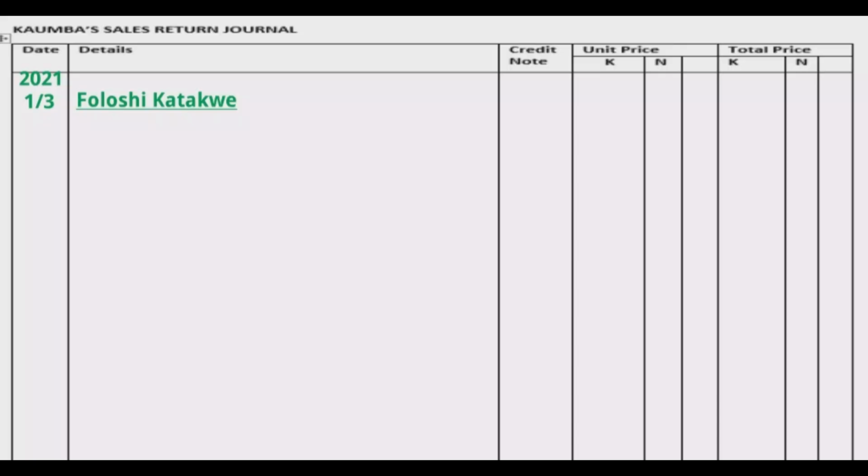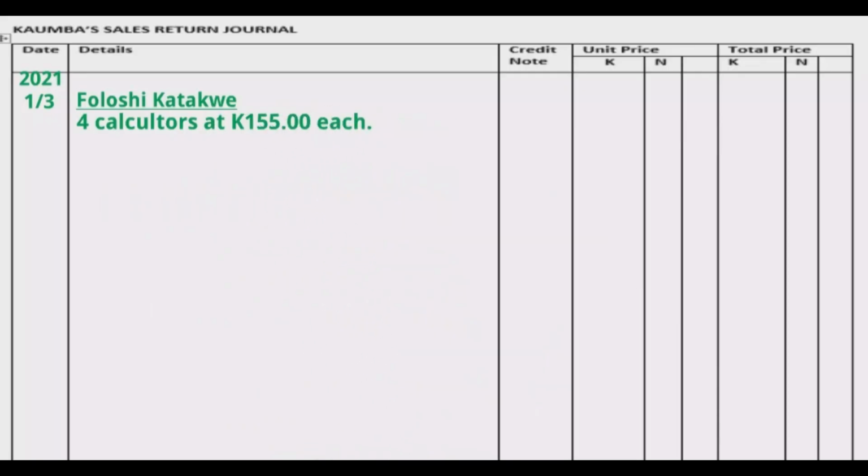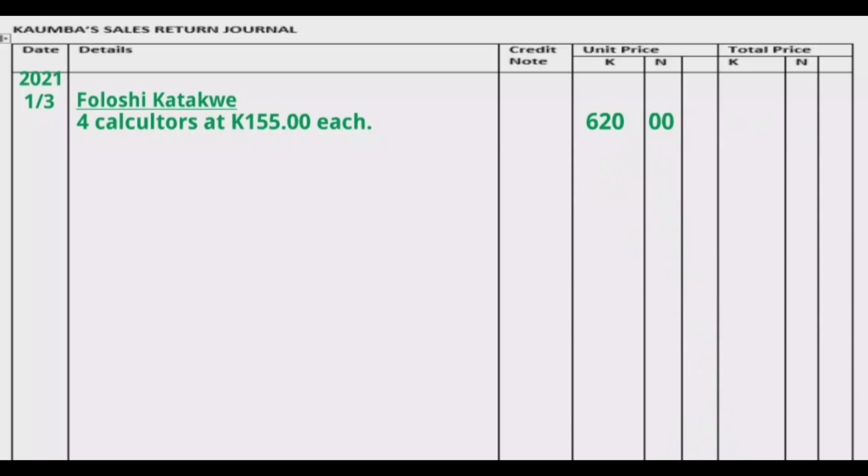Forosh Katakwe returned 4 defective calculators, so I'm going to write 4 calculators at 155 kwacha each. Then I'm going to multiply that: 155 by 4 will give me 620.